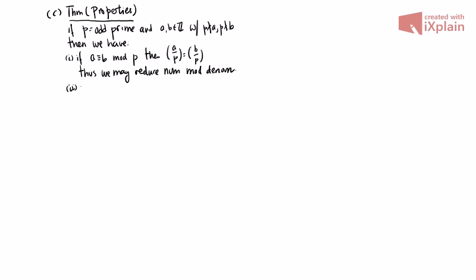So 2 is the really nice one: we have (ab over p) equal to (a over p)(b over p). So we can break up the numerator across multiplication. And 3 is fairly obvious, because it follows immediately from 2: if you have a perfect square, then you simply get 1.